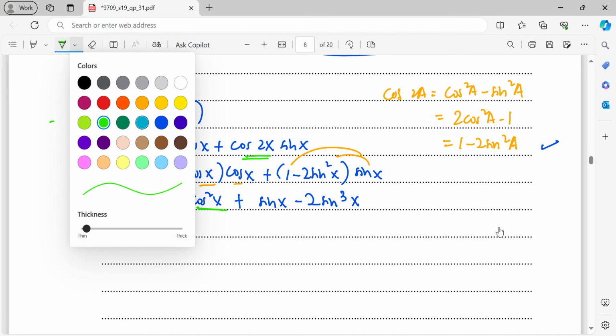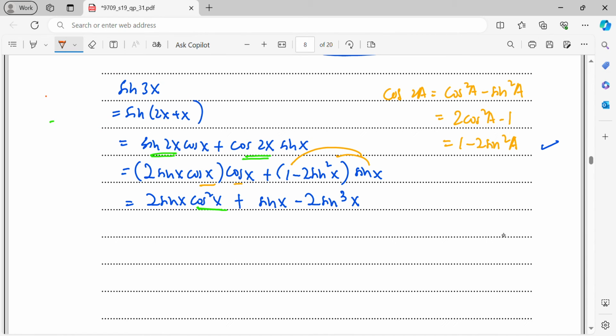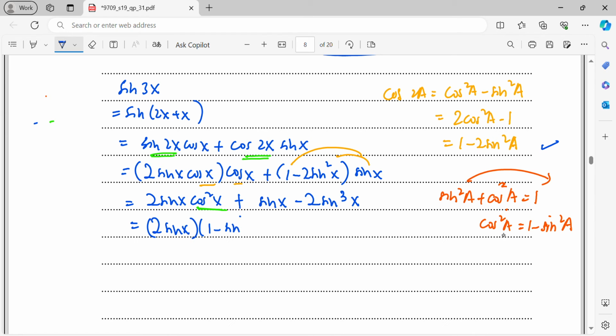So then we need to change to identity, which is sine square A plus cos square A is 1. Therefore, my cos square A, okay, keep this term on the left side by moving the sine square to the other side, which means cos square A is 1 minus sine square A. Okay, and then you will be getting equals to 2 sine x, then 1 minus sine square x, and plus sine x minus 2 sine cube x.